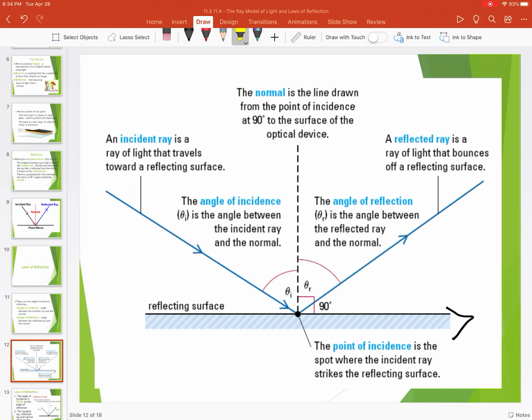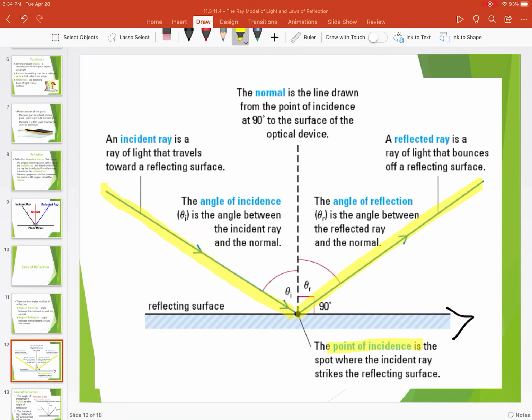We have our incident ray, which is this ray coming in, shown with a straight line with the arrow showing the direction of that incident ray. The light coming in, when it hits that reflective surface, that's what we call the point of incidence, where it strikes that surface, and then the ray coming out is our reflected ray. Again, we're using a straight line and an arrow to show the direction that it's bouncing.